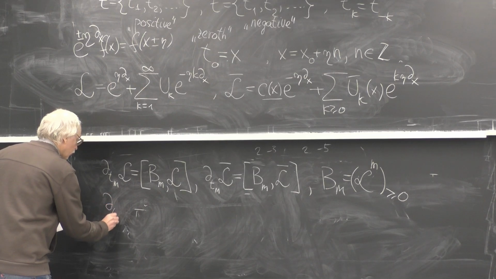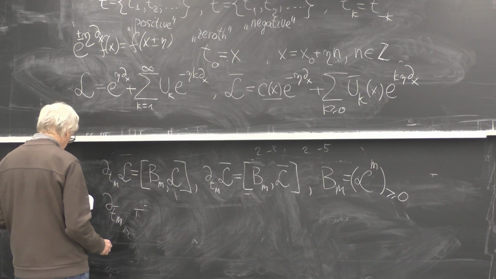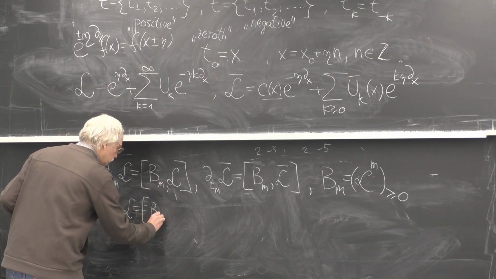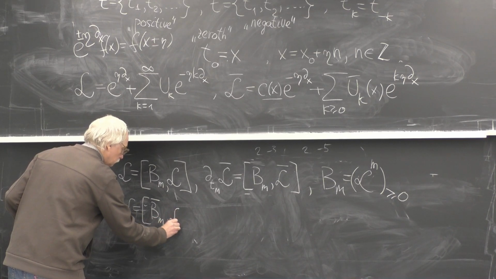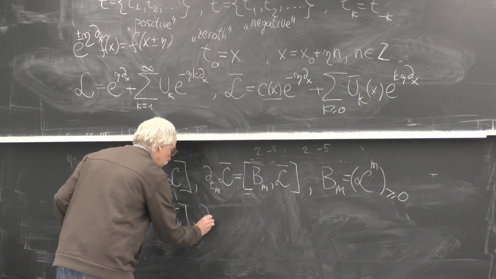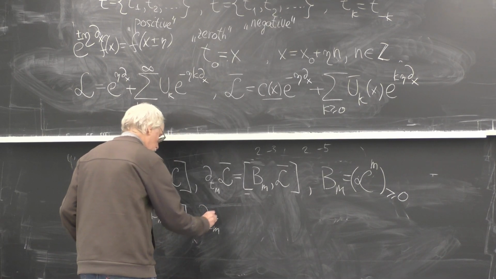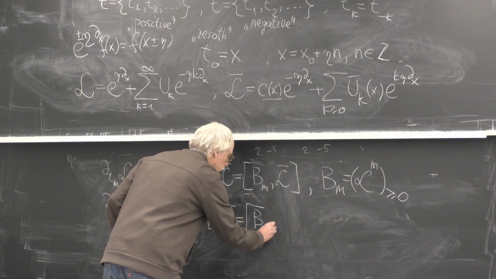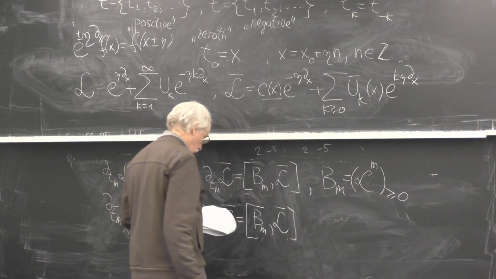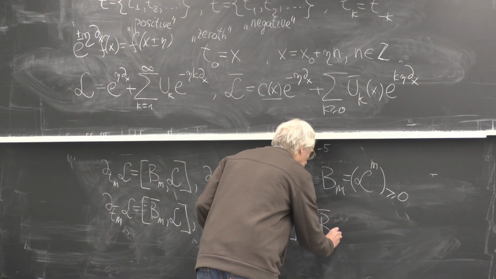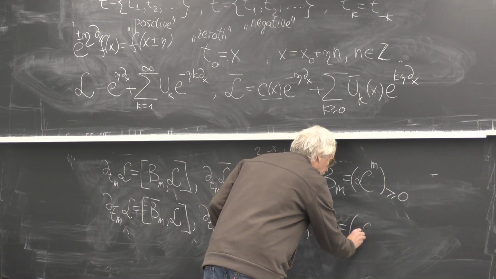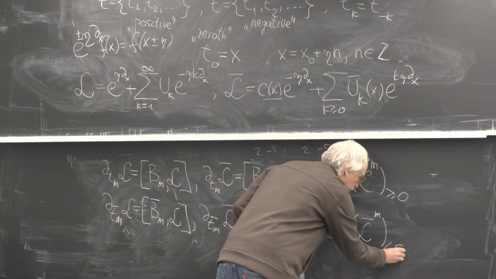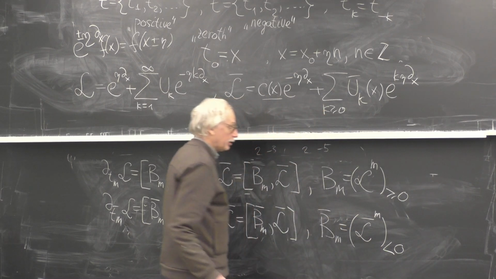And there are similar equations for derivatives with respect to negative times, where B bar is obtained from the second Lax operator by taking the strictly negative part.